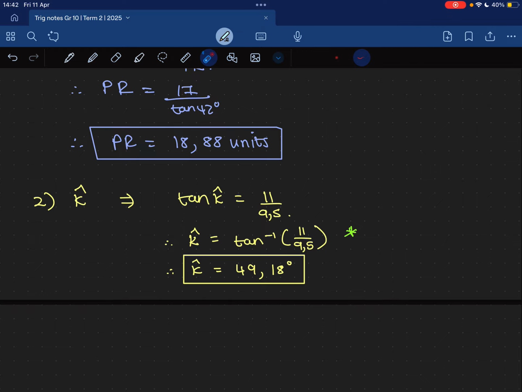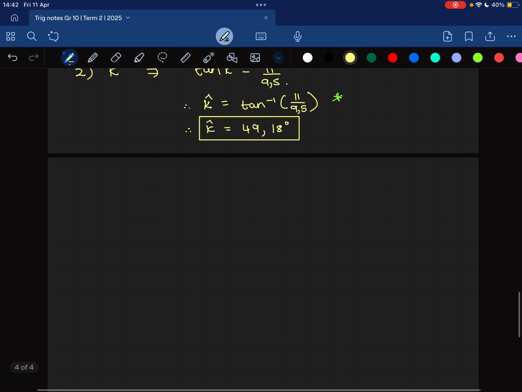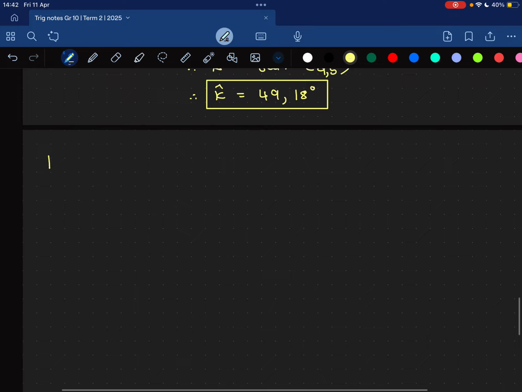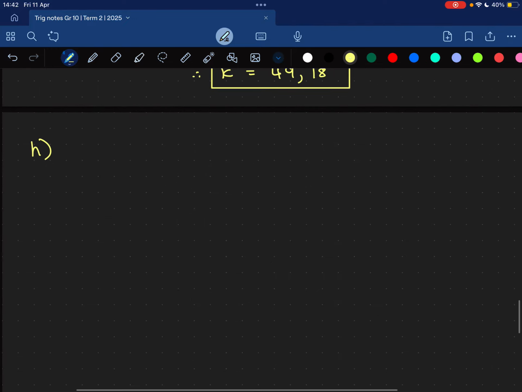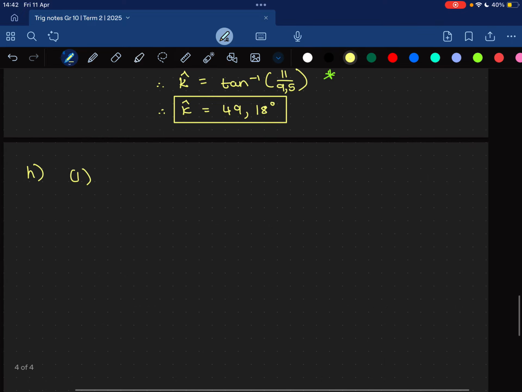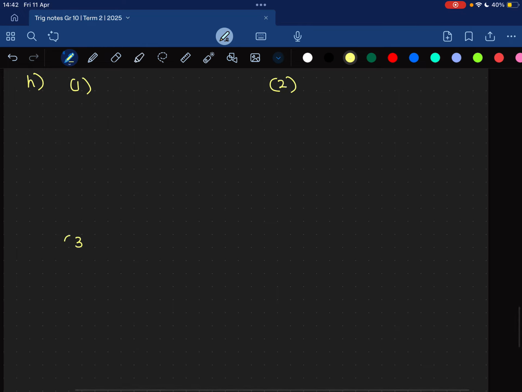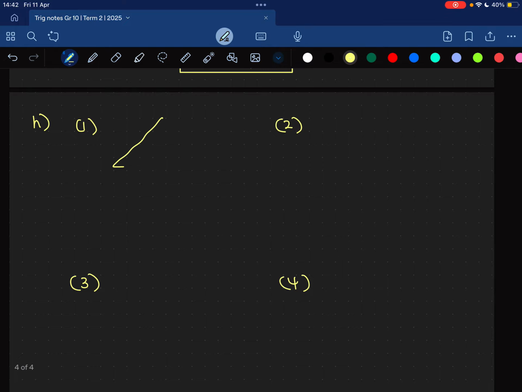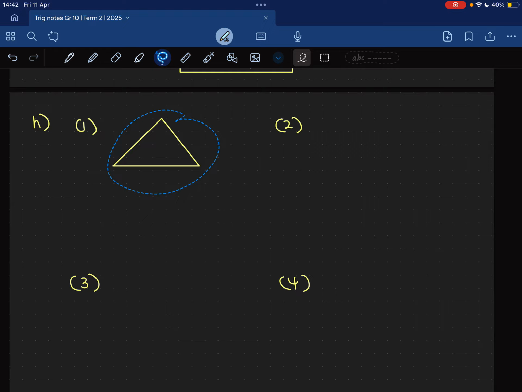Okay, then for H, you have 1, 2, 3, and 4. I'm going to just draw a small diagram for each one. So I'll do one like that.